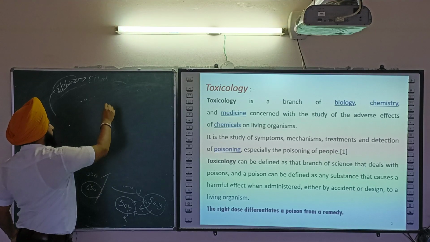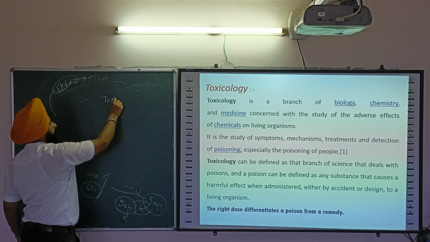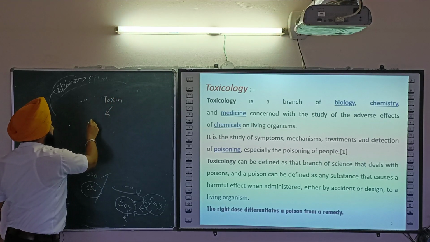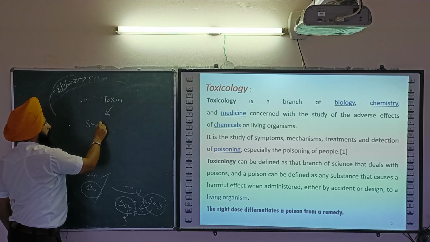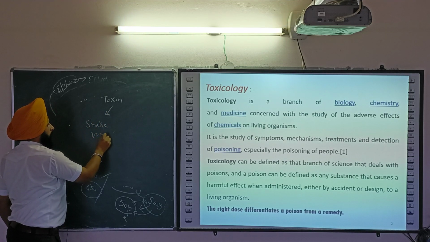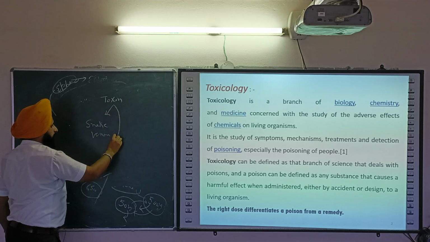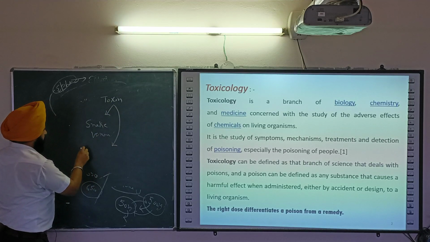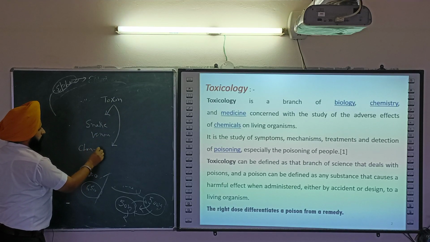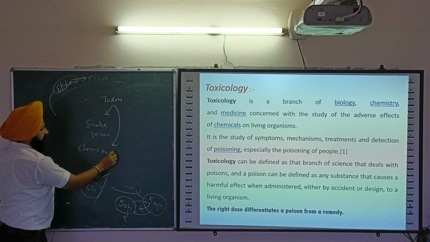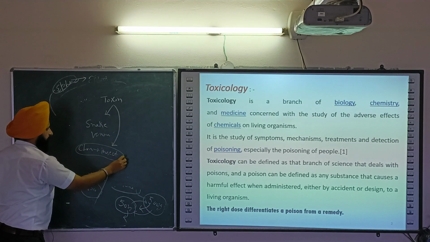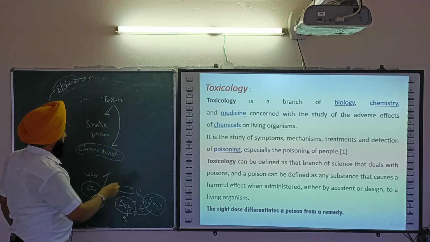Now suppose I say toxin, a toxin can be a snake venom. So a toxin can be any chemical produced by any toxic insect, that means an insect which is harmful for the body.